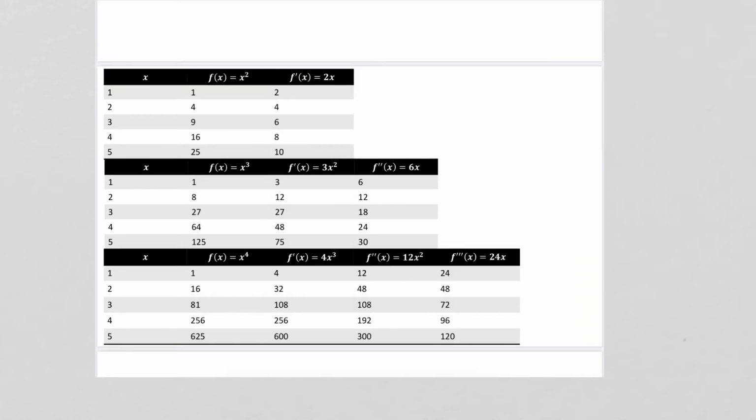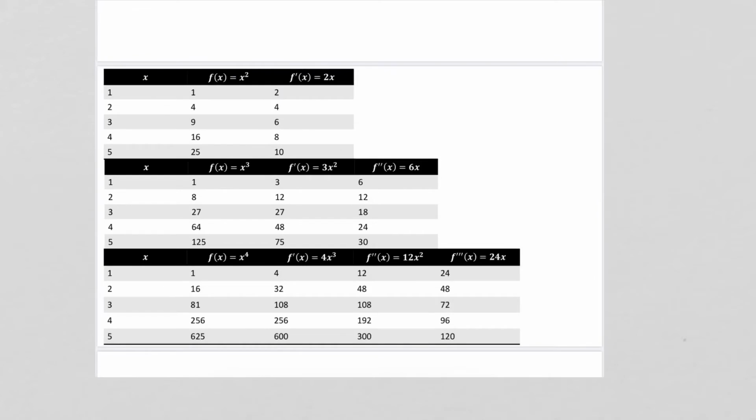And when it comes to these tables, just copy down this piece and then this piece, right? So for this next one, you're only going to worry about this one and this one, okay? So with x to the fourth, we take the derivative, we get 4x cubed. Take the derivative again, we get 12x squared.